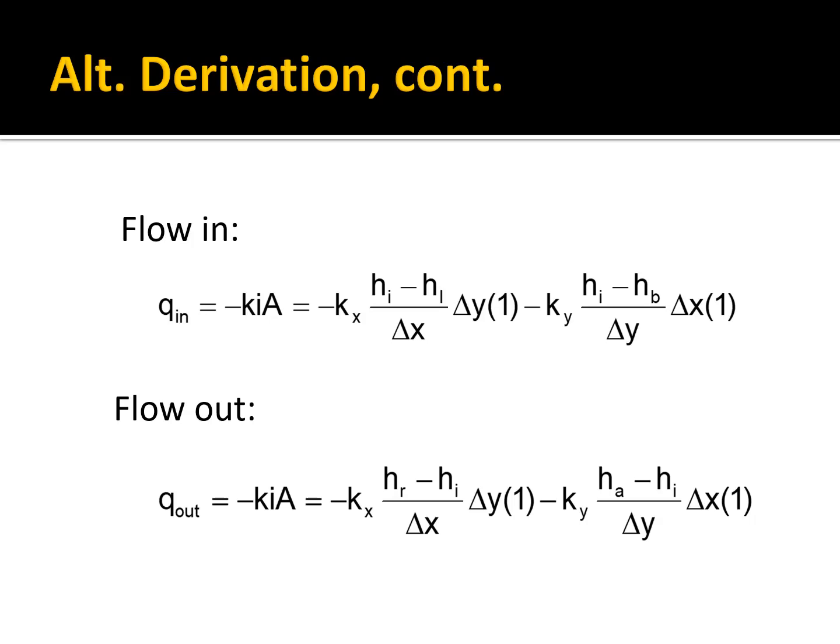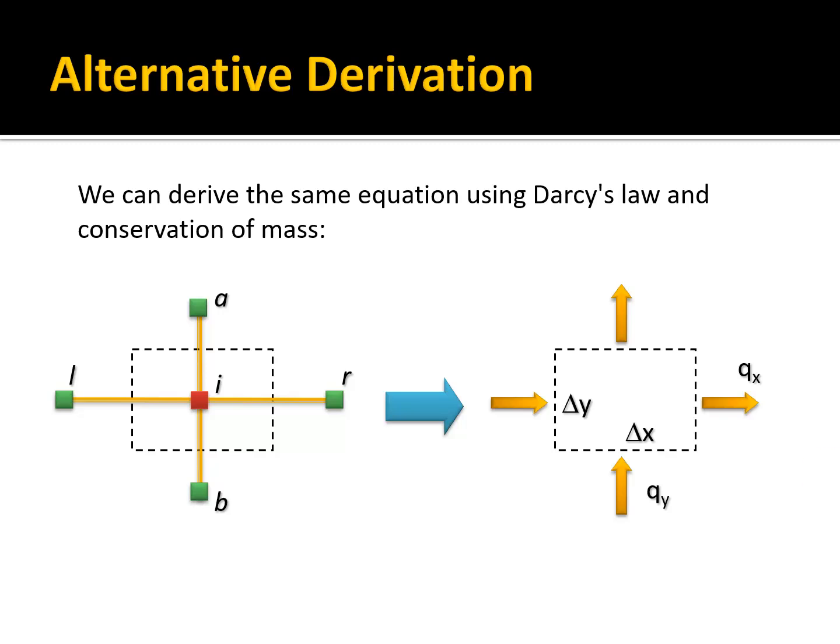Now let's go back just a little bit here. So the flow in is going to be kx, well, we are using kx in this case, so kx times (hi minus hl) over delta x.